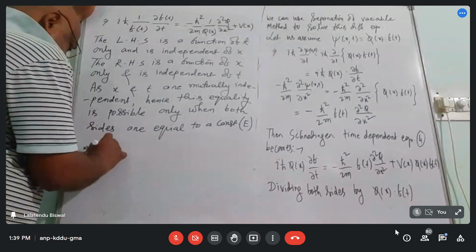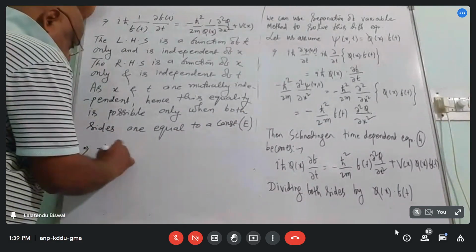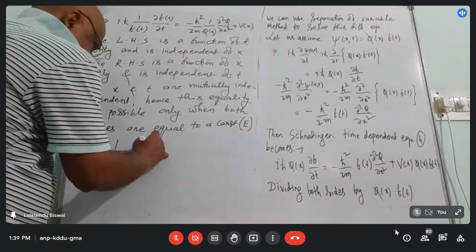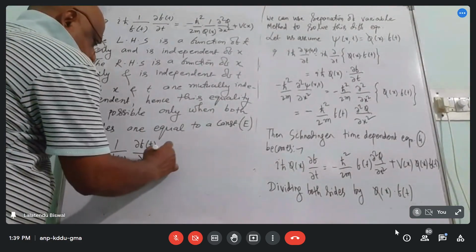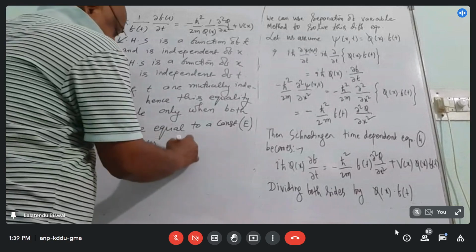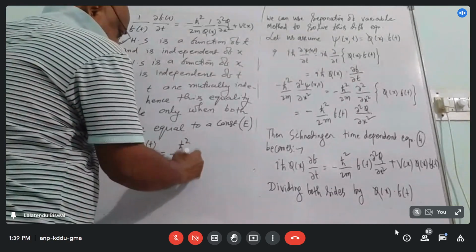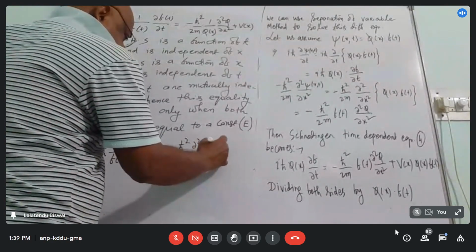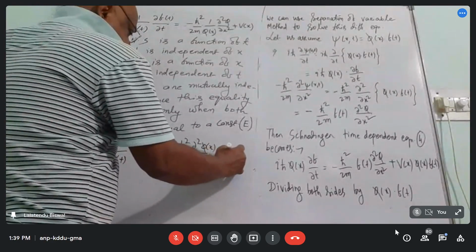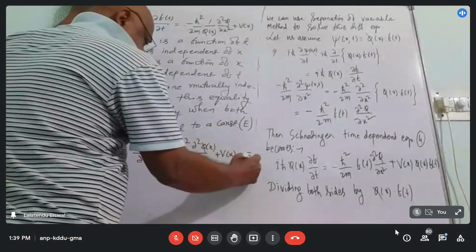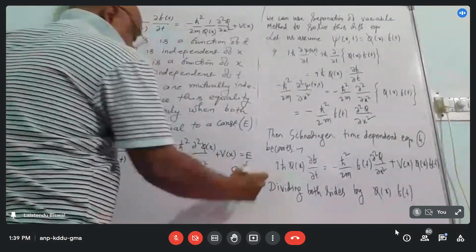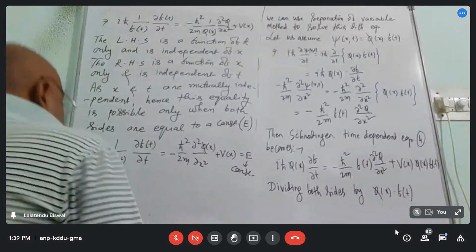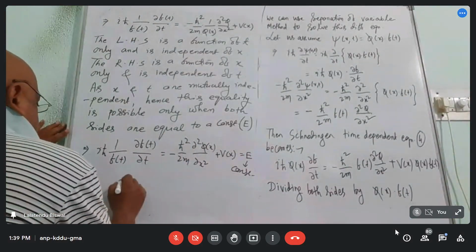Then iħ times 1 by Ft, del Ft by del t, minus ħ square by 2m del square phi by del x square, where phi is a function of x only, plus Vx is equal to E, where E is a constant. Of course, this is equal to the total energy. So what you got is two differential equations.